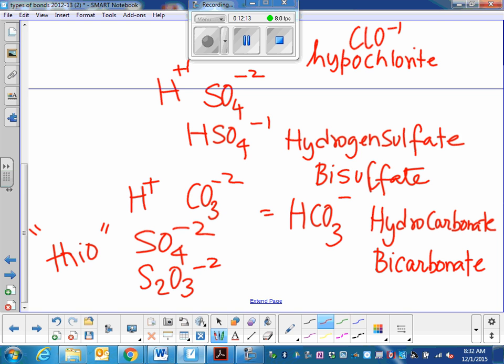If you replace an oxygen with a sulfur, you include the word thio. So that's a thiosulfate. Peroxide, chromate and dichromate are different. Phosphate and arsenic are in the same group, so you know phosphate, you know arsenic. Does that make sense?